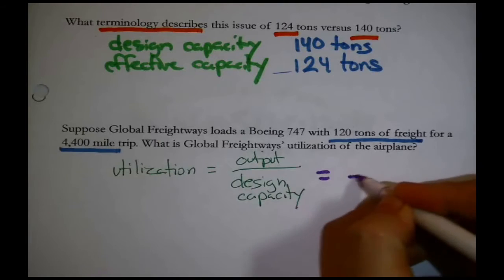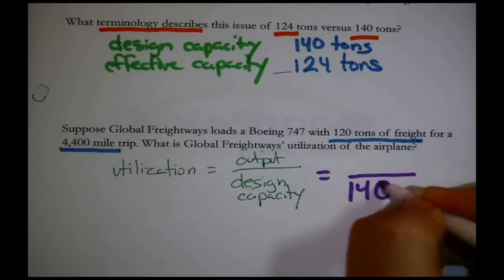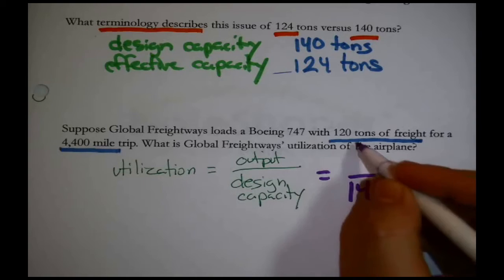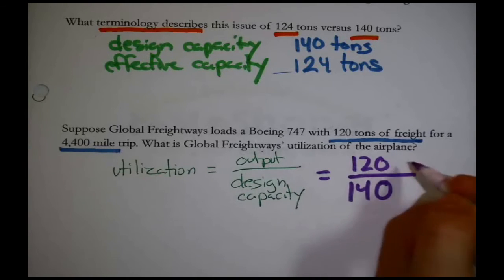Oh, so in order to answer that question, the only thing that we have to do is actually calculate this ratio. Now there's an irony with this question because we do need two numbers, right? One for the numerator, one for the denominator. We were already talking all about why we were quite confident that the denominator is 140. Question is what to put here, and you go, all right, well, they put 120 tons on the plane.